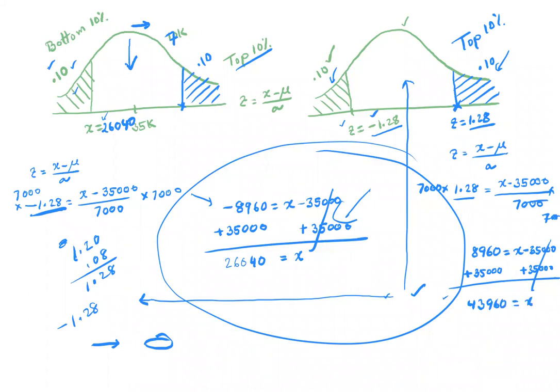So if you make X equal to 43,960, so if you make more than, let's say, roughly about $44,000, you're among the top 10% of the income level. So if you make less than 26,000, you're in the bottom 10%.